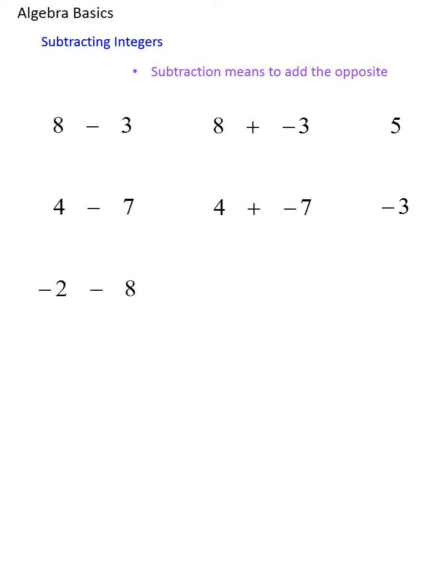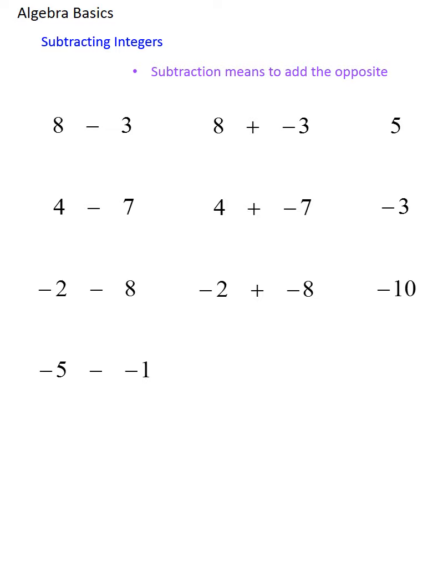Here's another problem. -2 minus 8. To subtract 8 means to add the opposite of 8, or -8. But here, when adding two negatives, you actually add the numbers and the result is negative, just as we saw earlier.